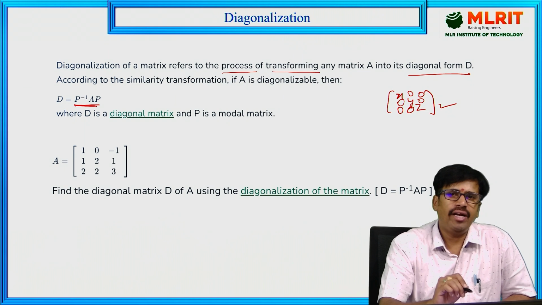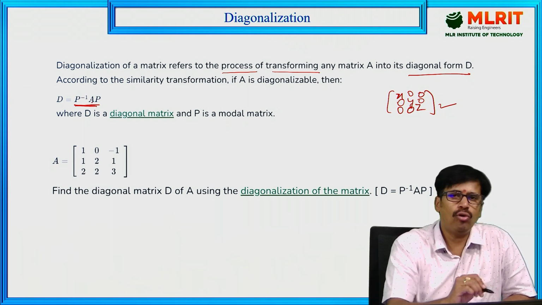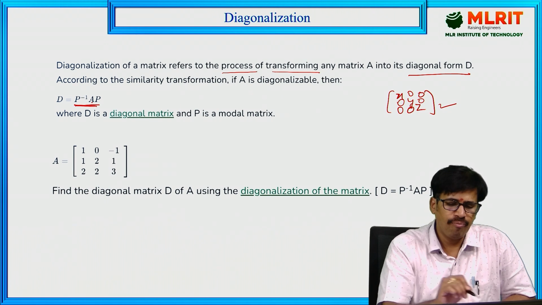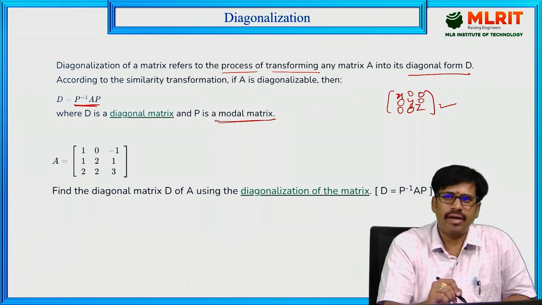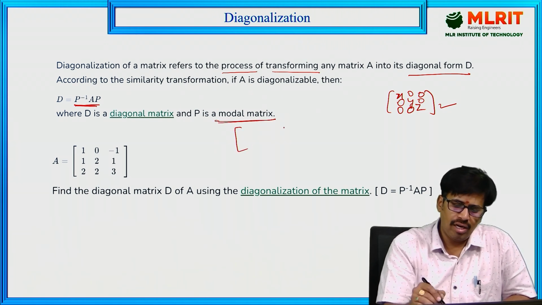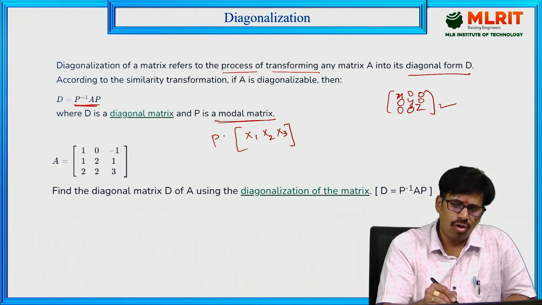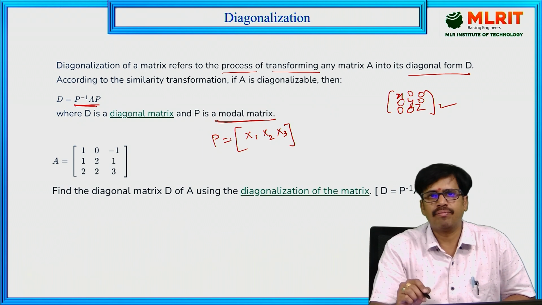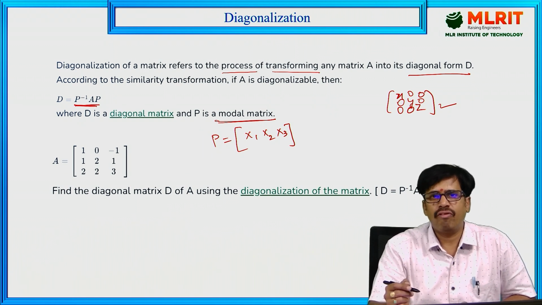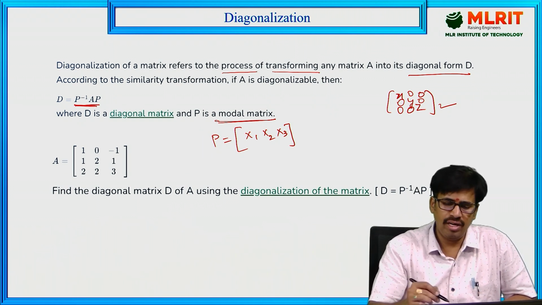We have to find the matrix D such that P inverse into A into P equal to D. Here what is P? P is called a modal matrix, where we write the corresponding eigenvectors x1, x2 and x3. If there are 3 eigenvalues, for each eigenvalue we find an eigenvector.